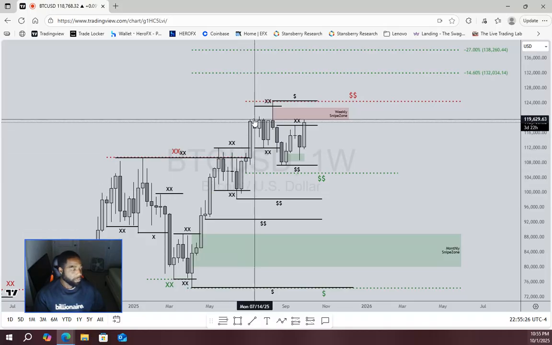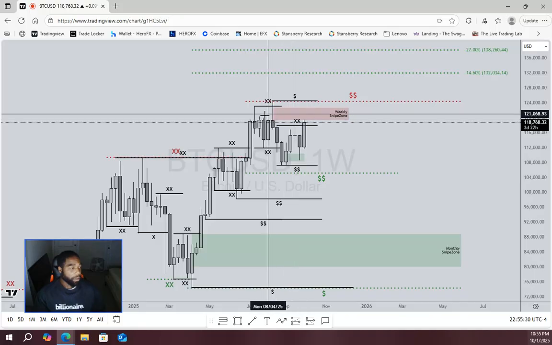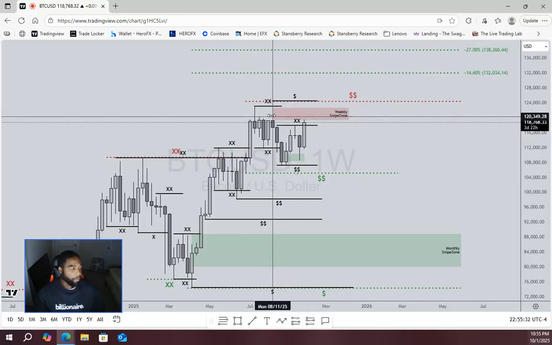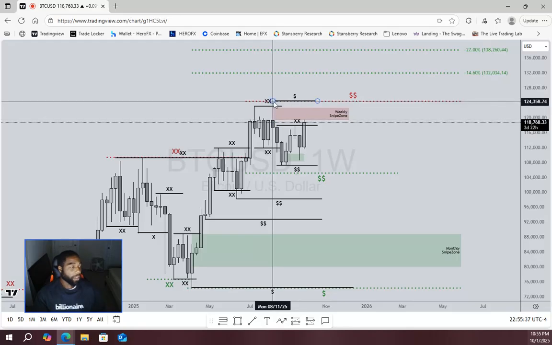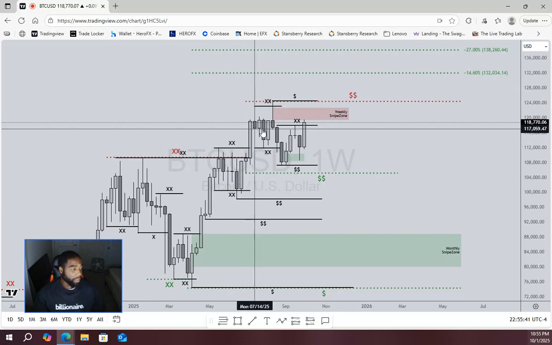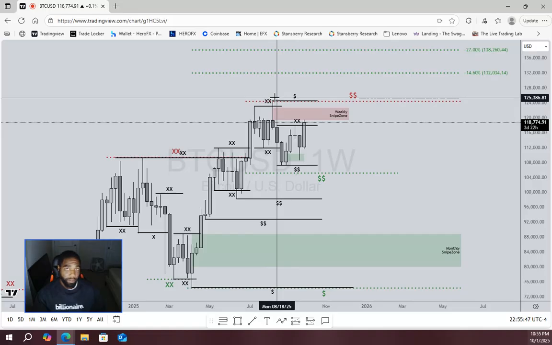Price produced this bullish expansion, followed by another ranging retracement, right? And in this ranging retracement, price targeted the highs first.